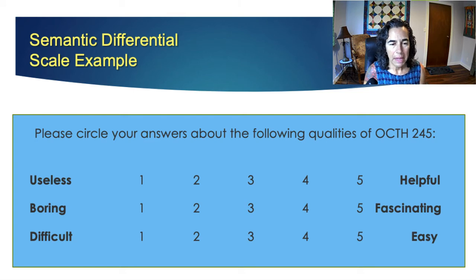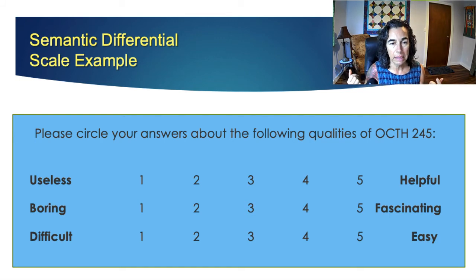Okay, and then the third type that we're going to look at is a semantic differential scale, and it's based on ratings of qualities, attitudes, perceptions, and beliefs that offer a continuum of response. So a Likert scale offers a continuum from agree to disagree.